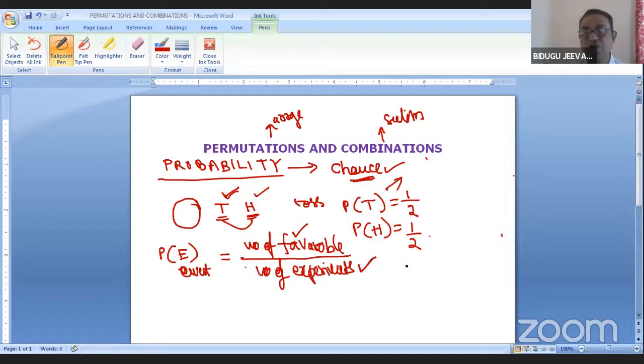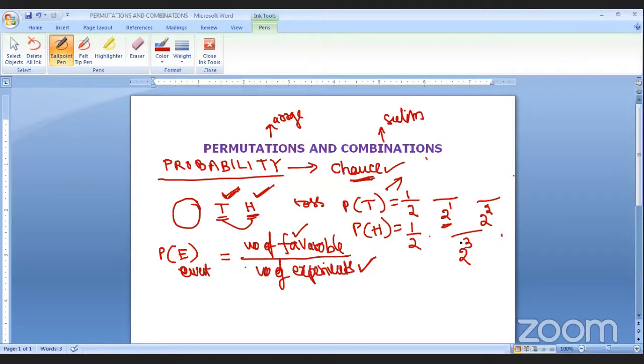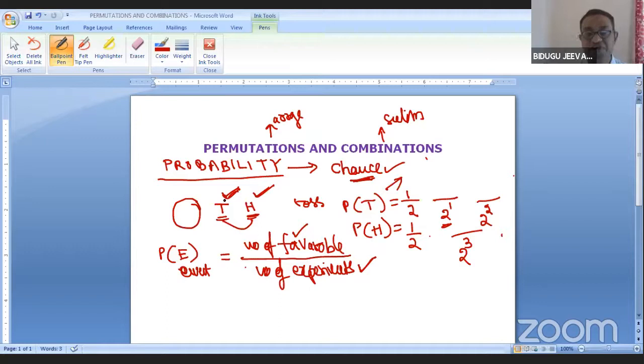We are tossing a coin. So I have taken 2 power 1. Why 2? A coin has 2 outcomes. So if 2 coins are tossed, I'll write 2 power 2. If 3 coins are tossed, I'll write 2 power 3. I think you understood. So what is our favorable event? Tail. How many tails are there? Only one. So the answer is clear.